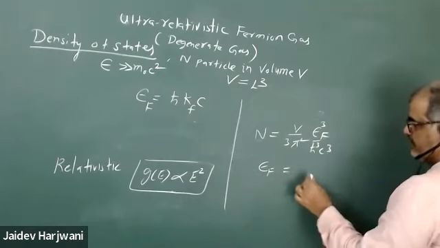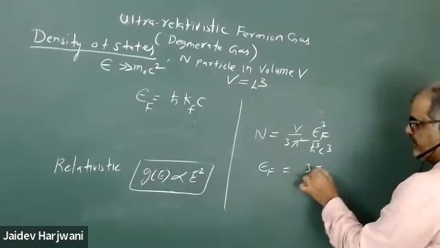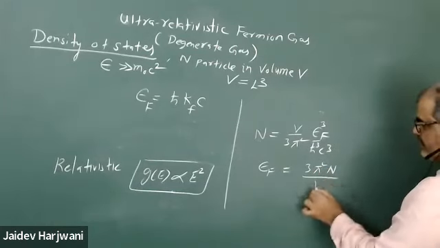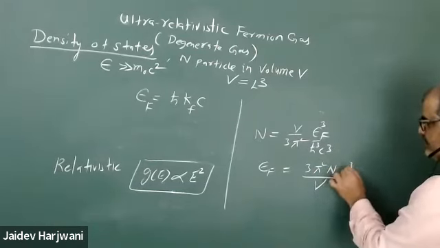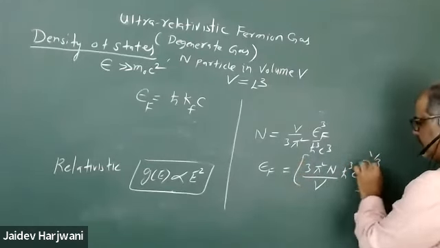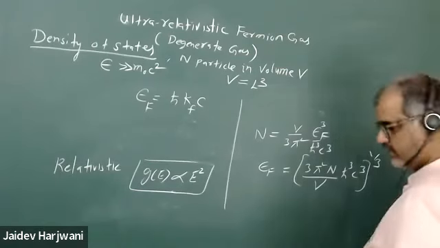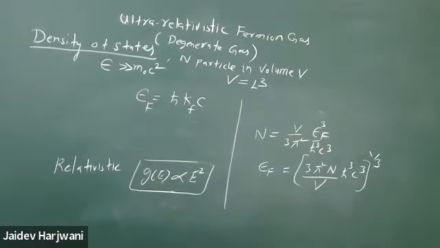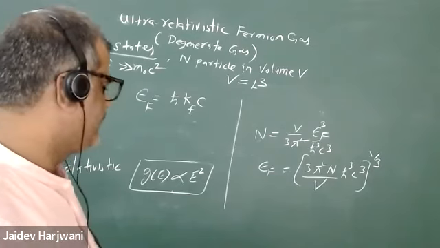So here I can get the value of EF. EF will be what? 3 pi square n upon V and h cut c. So just take 1 by cube. So this is my Fermi energy. Let me check the answer. So this is h cut pi c 3n upon pi.